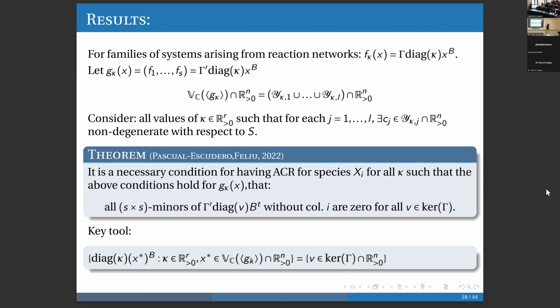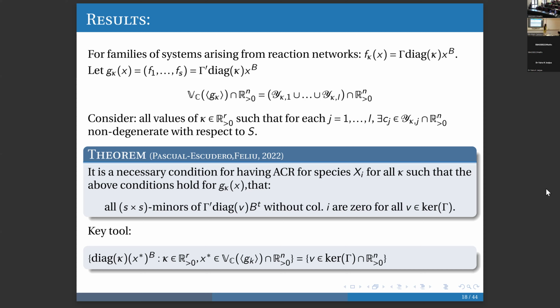Not of zeros. So gamma is the original stoichiometric matrix that has one row per species, one column per reaction. And gamma prime is what I get when I remove all the rows that are linearly dependent, and I stay with the matrix that is reduced. I was just curious, when you are taking these S cross S minors, are you already excluding the column I?